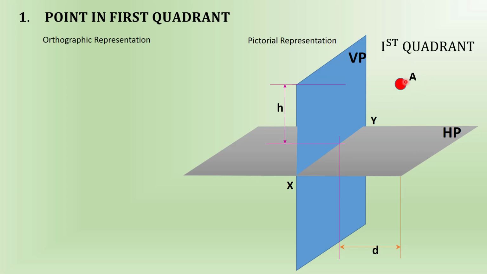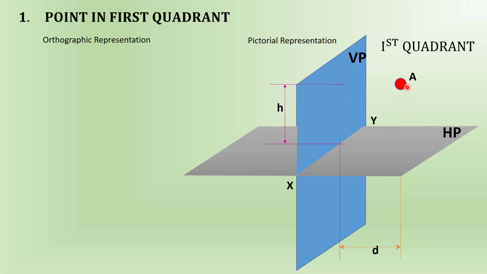So let us assume a point capital A lying in the first quadrant, which is at a distance of small d from the vertical plane. You can see the distance here. So the point A is small d from the vertical plane, in front of the vertical plane, and it is at a distance of small h above the horizontal plane.